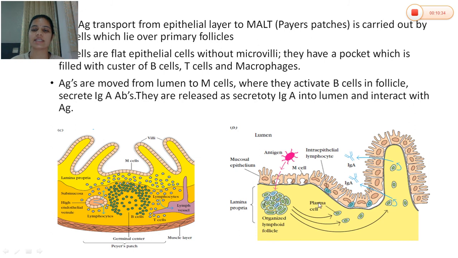These B cells get activated and the plasma cells secrete IgA, immunoglobulin A. These IgA antibodies are then released from the secretory cells back into the lumen, again through the gaps between the M cells, where they interact with the other antigens which are present and destroy them.